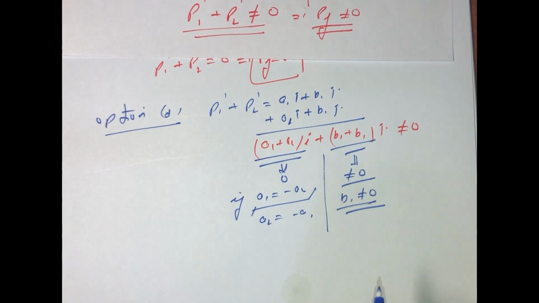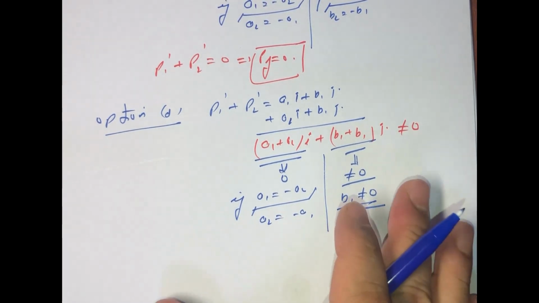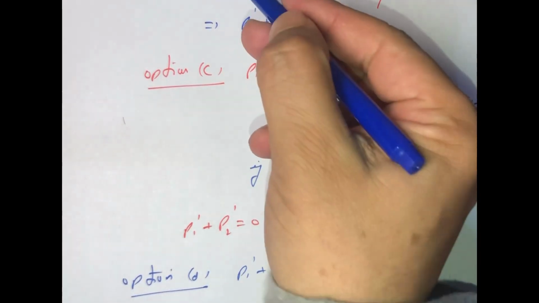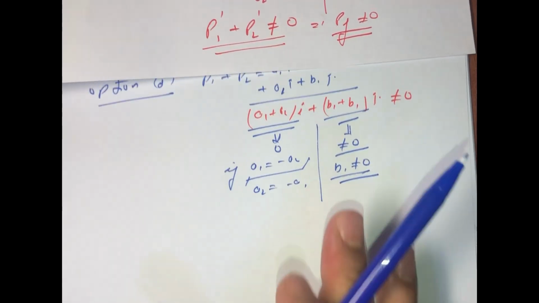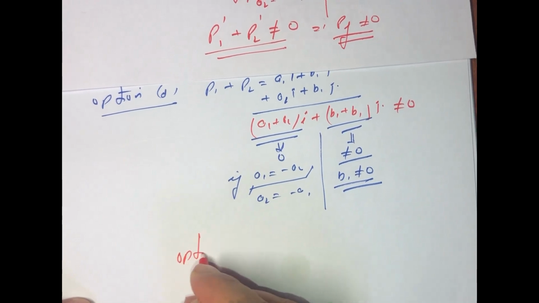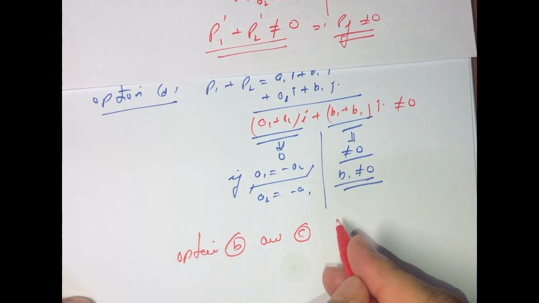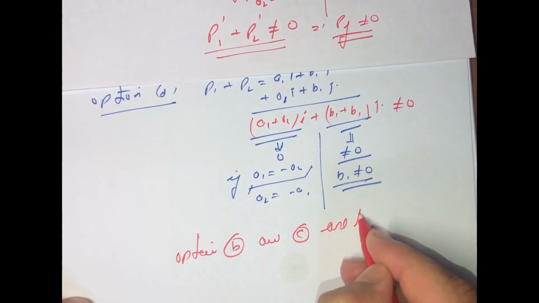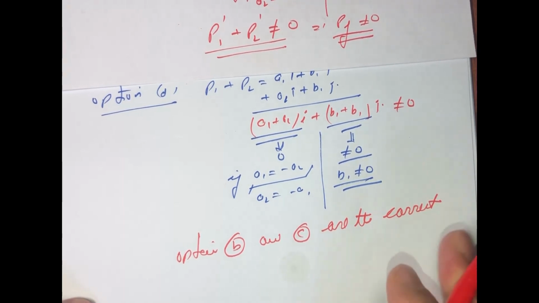So therefore we can say that B and C are the only two options which are the correct ones. So option B and C are the correct options.